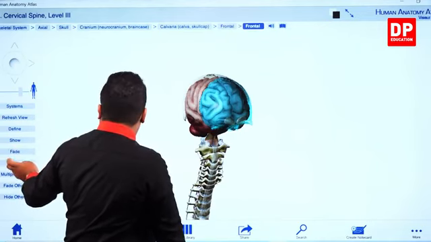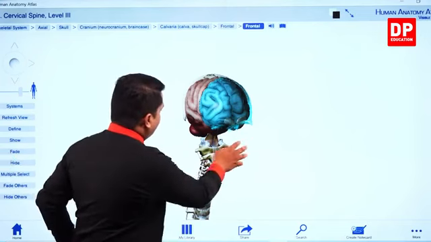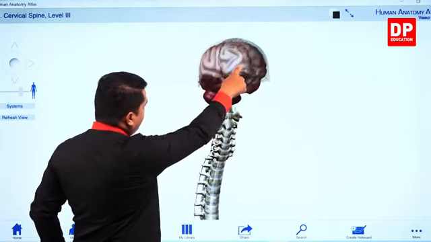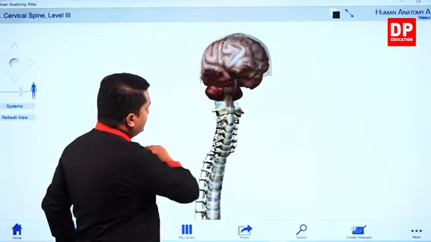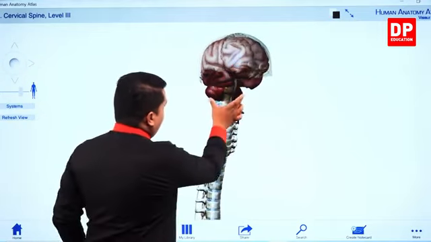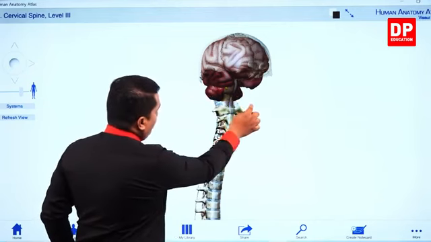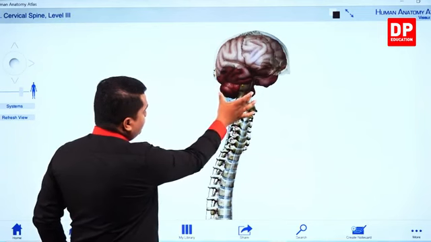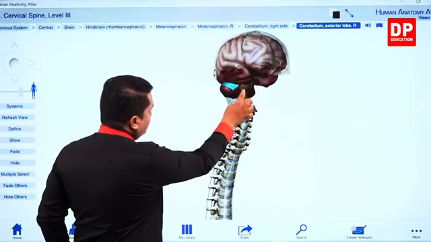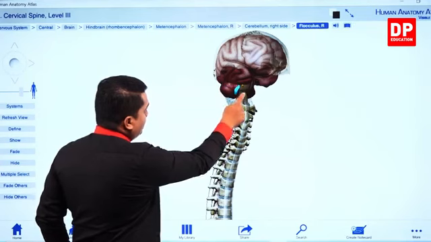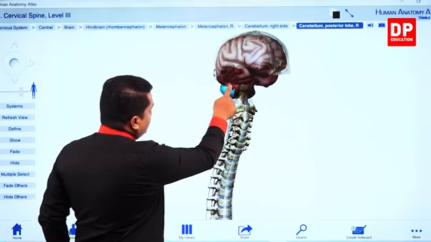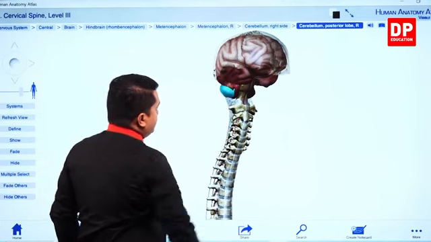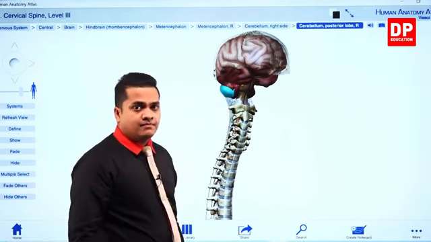Okay. So after that, underneath the cerebrum, you can observe the second main important part of the brain, just beneath the cerebrum. This is called the cerebellum.